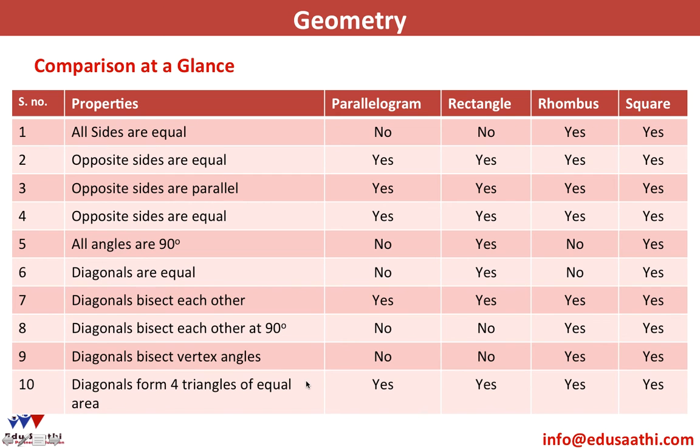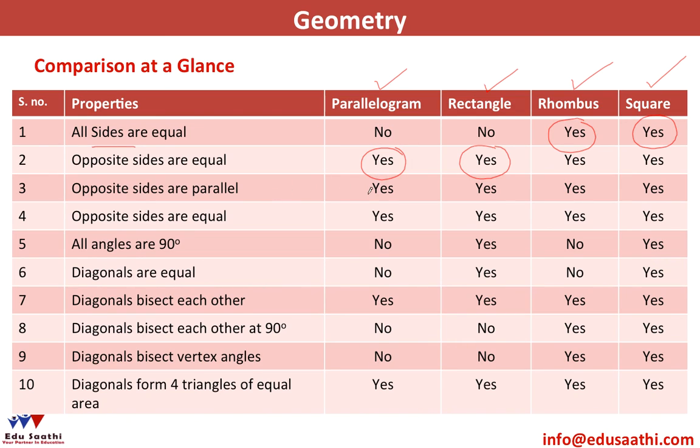So the next thing that we'll be looking at is comparing all the 4 that we have just discussed in the same slide. Parallelogram, rectangle, rhombus and square. All sides are equal for rhombus and square, but only opposite sides are equal for parallelogram and rectangle. Adjacent sides are not equal for parallelogram and rectangle.